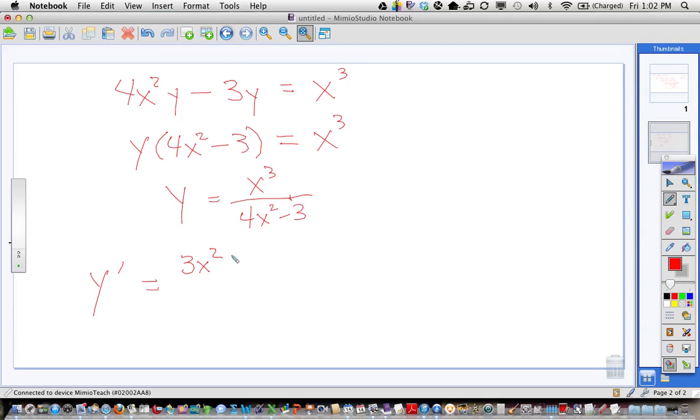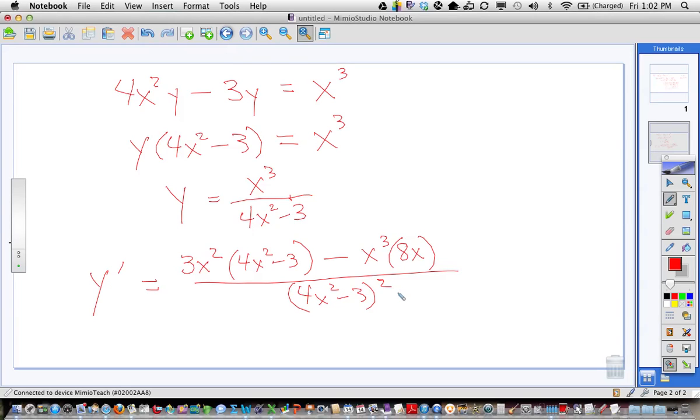Derivative of the top, bottom left alone, minus top left alone, times the derivative of the bottom, 3x, all over all that squared.